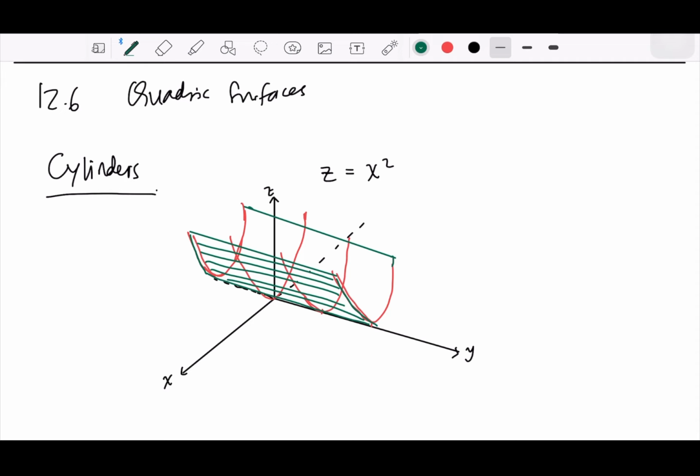We call this a cylinder. To be precise, this is called a parabolic cylinder.